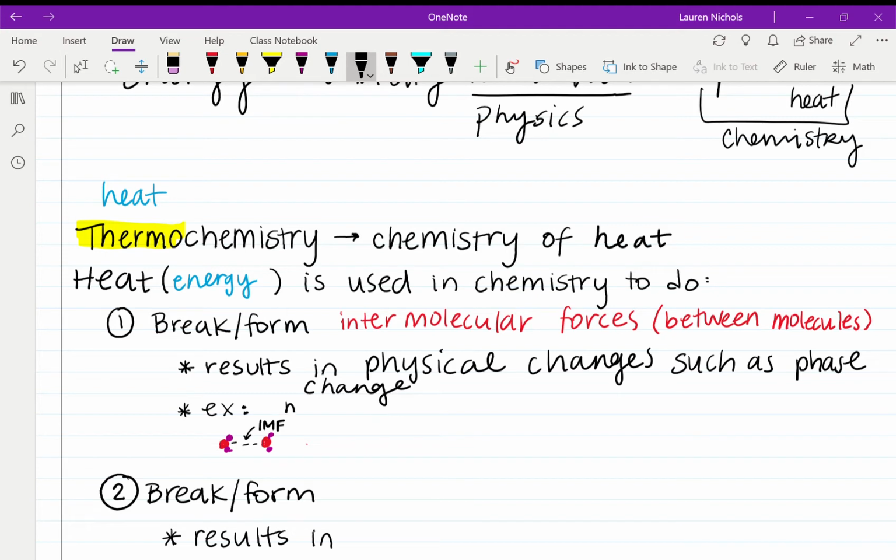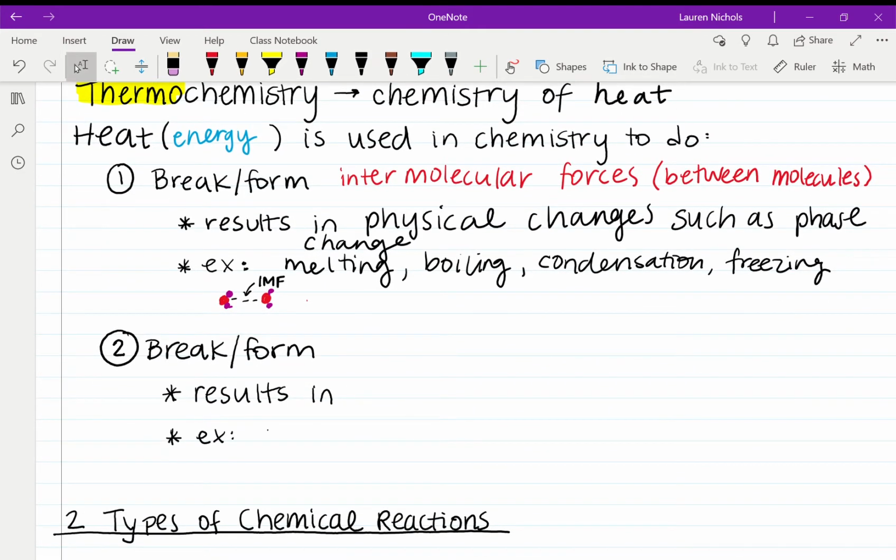For example, melting is breaking the forces between solids while loosening them to go from a solid to a liquid. Boiling is going from a liquid to a gas, or the reverse, condensation, or freezing. All of these are phase changes, and they are all breaking these intermolecular forces, or the forces between molecules. We'll talk about these in more detail in a later video.